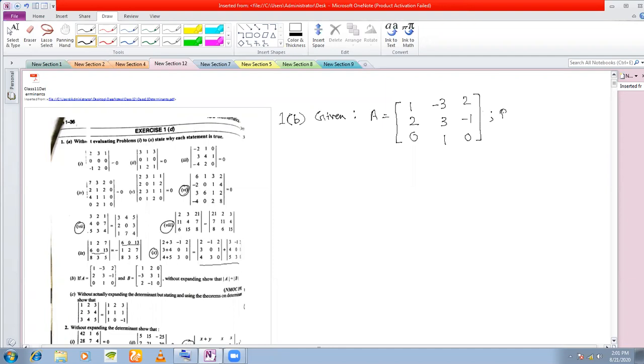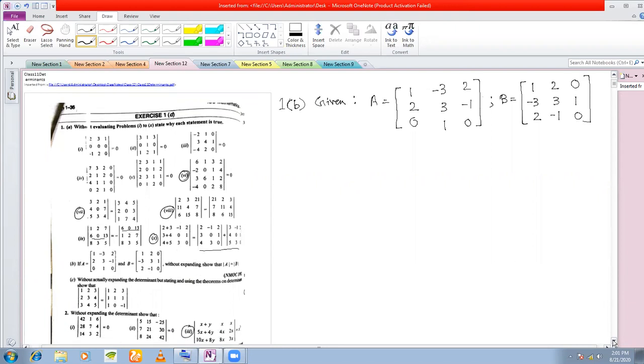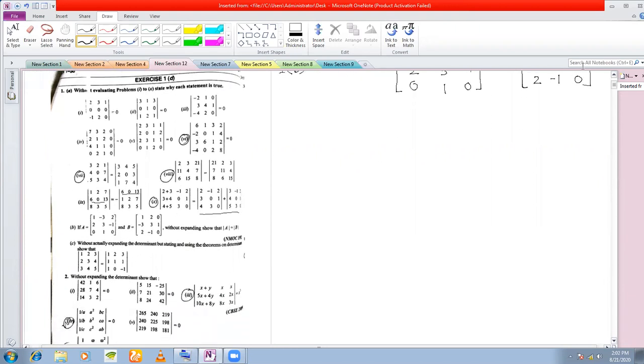And B is given to be 1, minus 3, 2, 2, 3, minus 1, 0, 0. Okay, without expanding this determinant, show that det A is equal to det B.